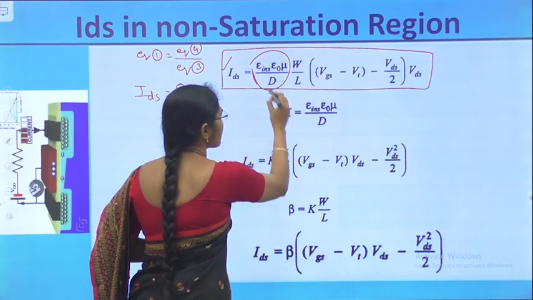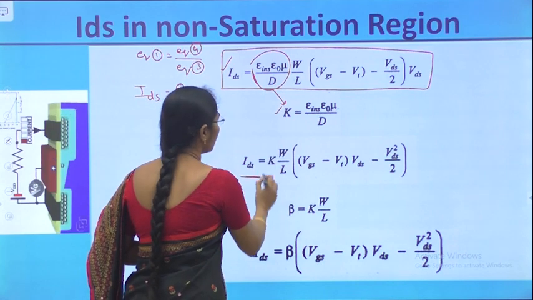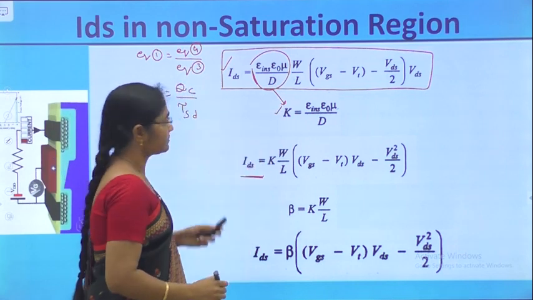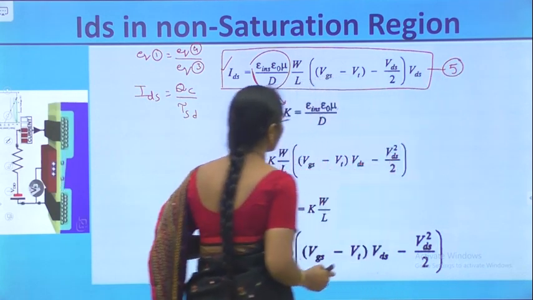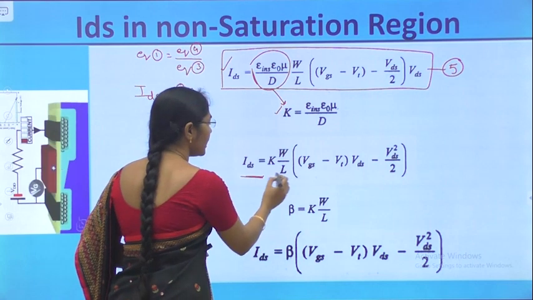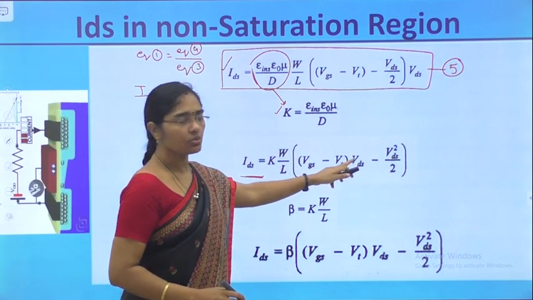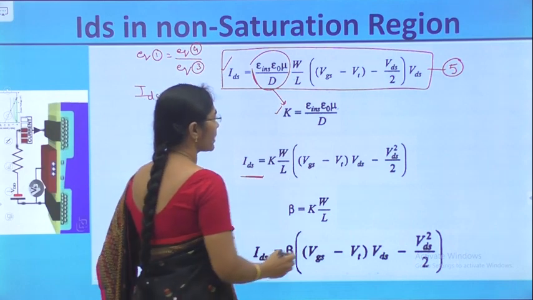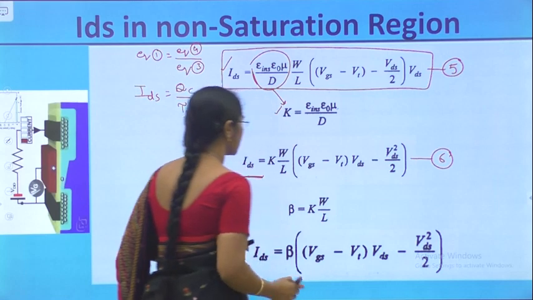So simply taking this as K, the equation is rewritten like this. Let us take it as equation 5. Equation 5 can be rewritten by taking K as some constant value: K into W by L into Vgs minus Vt into Vds minus Vds square by 2. And let us take this as equation 6.